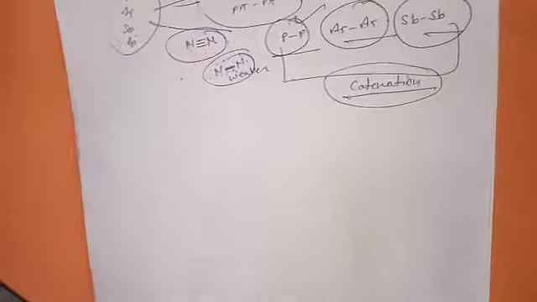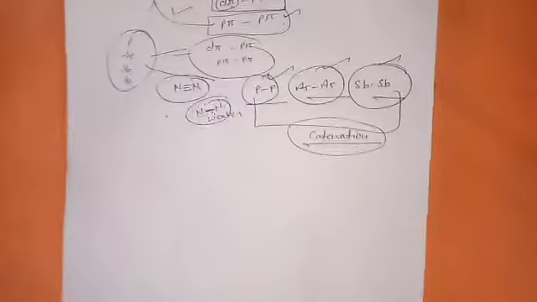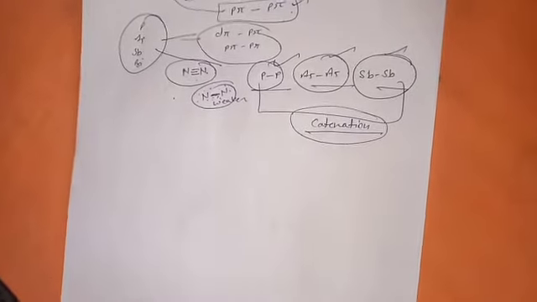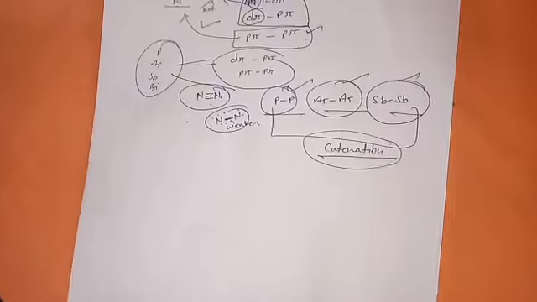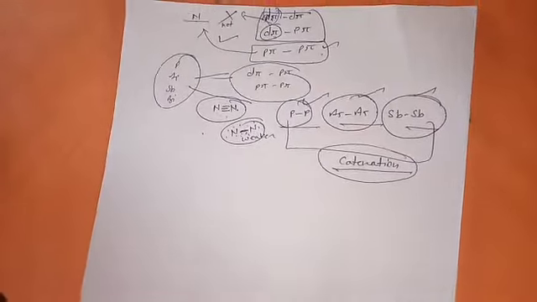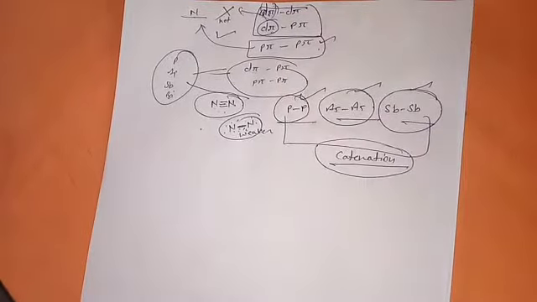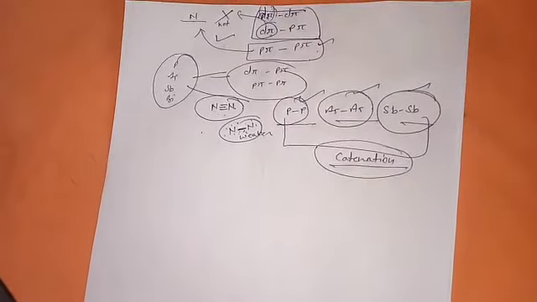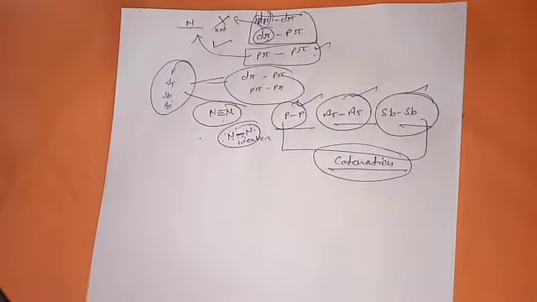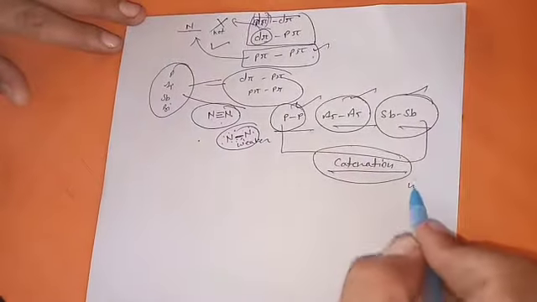So I have told you three things particularly regarding anomalous character. First, the reasons: atomic size, non-availability of d orbitals, electronegativity, and ionization enthalpy. Then I explained what different properties nitrogen shows. In the first case, it cannot expand its covalence; the maximum is 4.